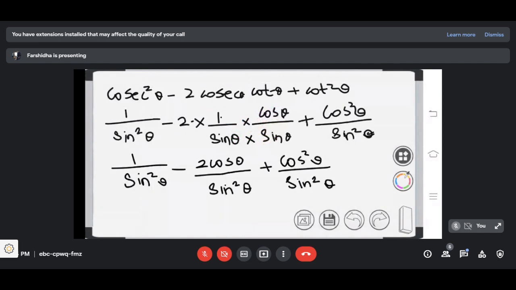Now you can see all the three denominators are same: sine square theta, sine square theta, sine square theta. So that I can write it together: 1 minus 2 cos theta plus cos square theta divided by one sine square theta. Instead of writing 3 sine square thetas, I can write one sine square theta. This is not multiplication, so you don't multiply the denominator.